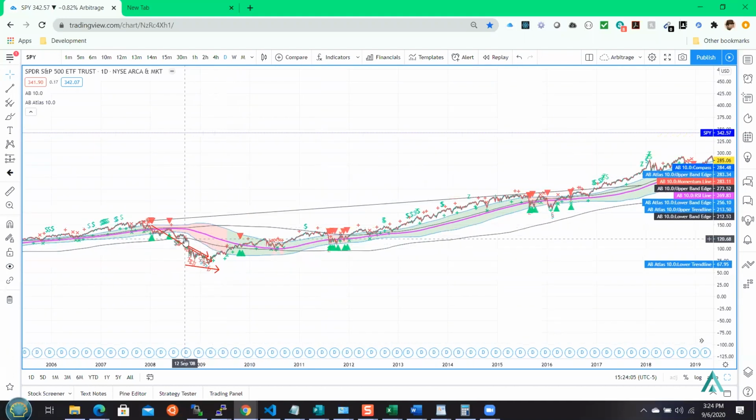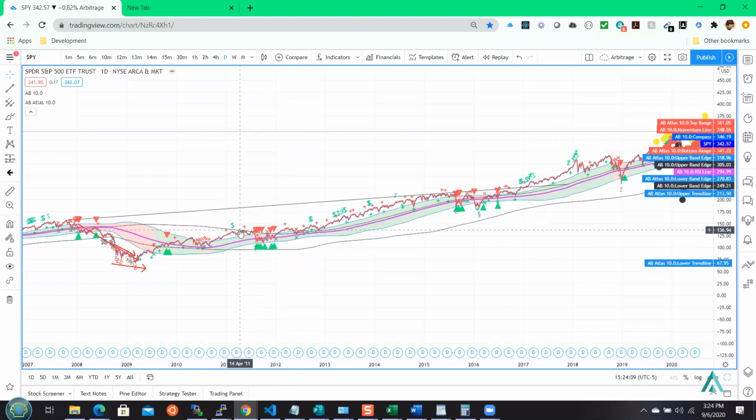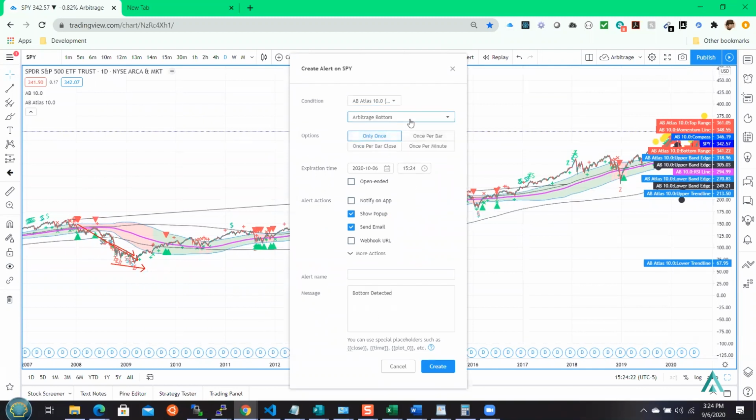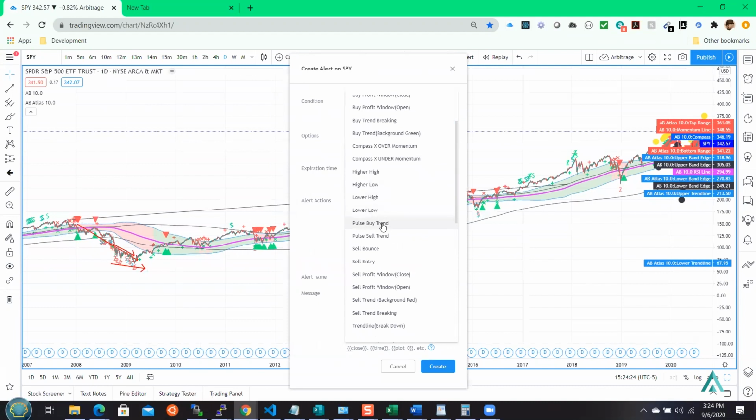All right. So basically, all the trades that happen, as long as we are above the pink line. So this going green, until we go above the pink line, we don't get a notification. If I had my alerts turned on, and I went to Atlas, and I said, show me a pulse buy trend.